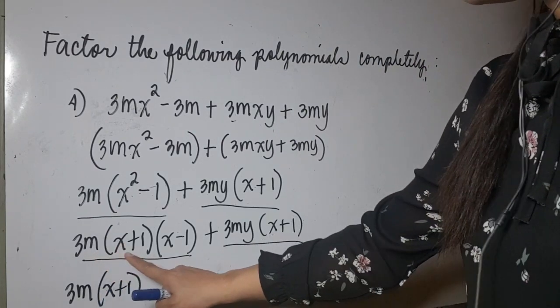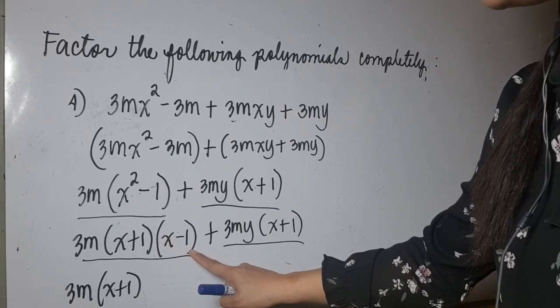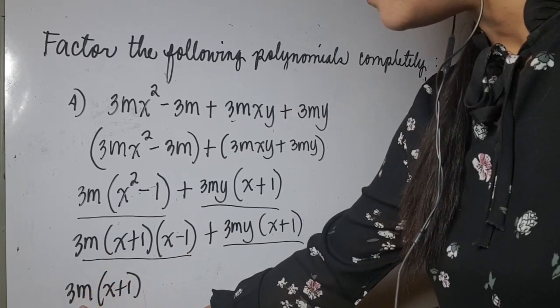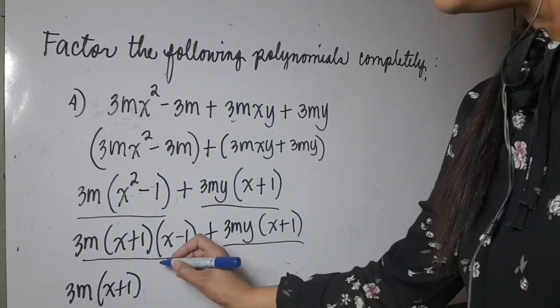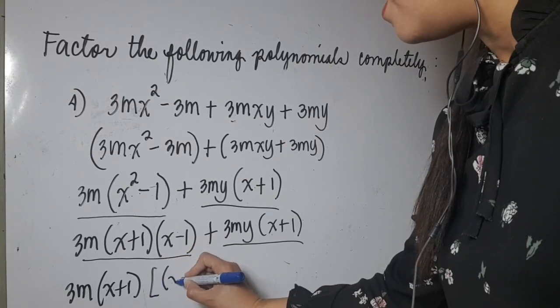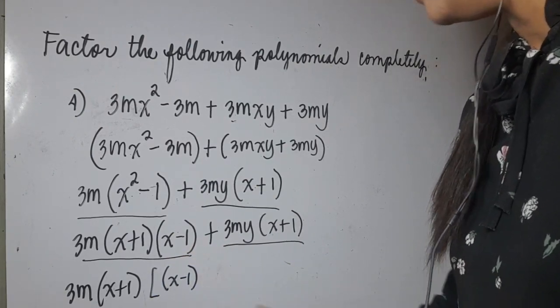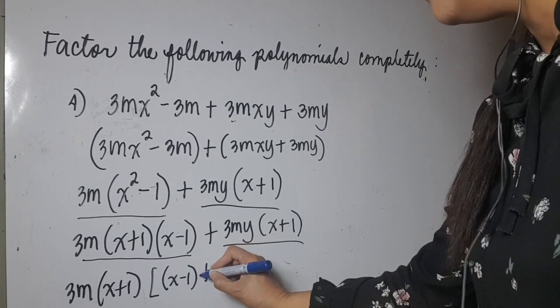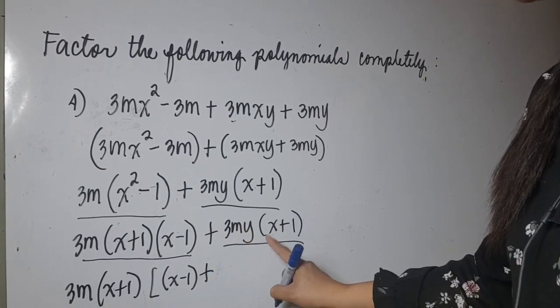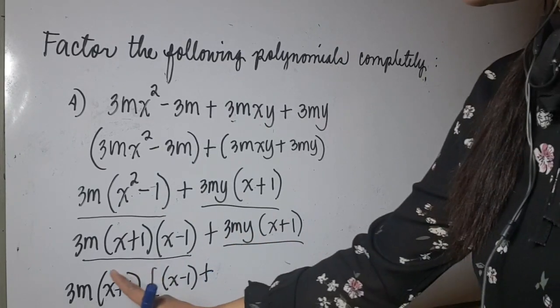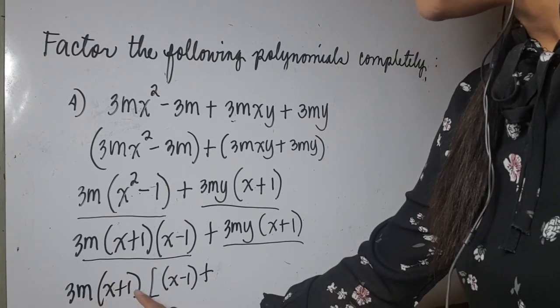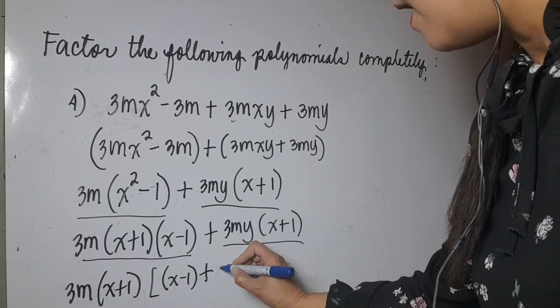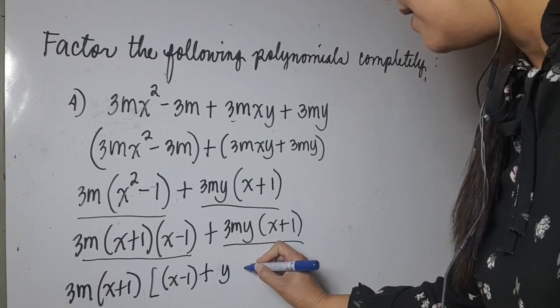So 3m, x plus 1, x minus 1 divided by 3m, x plus 1. So we have x minus 1. Okay, plus 3my x plus 1 divided by 3m x plus 1. So we have y.